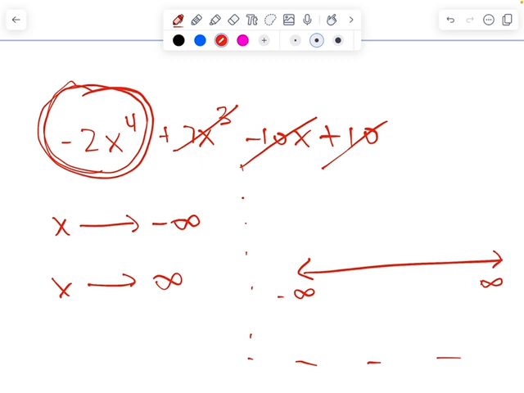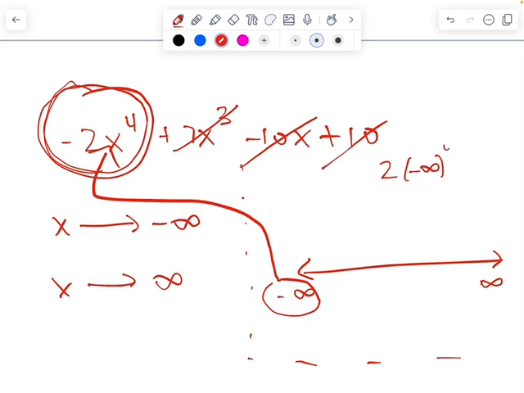Now, to understand what happens when you get closer and closer to here on the negative infinity side, we can plug in negative infinity into this equation itself. So the equation was negative 2x to the fourth. Let's call this negative 2 times negative infinity to the fourth. So that's negative 2 times negative infinity times negative infinity times negative infinity times negative infinity.